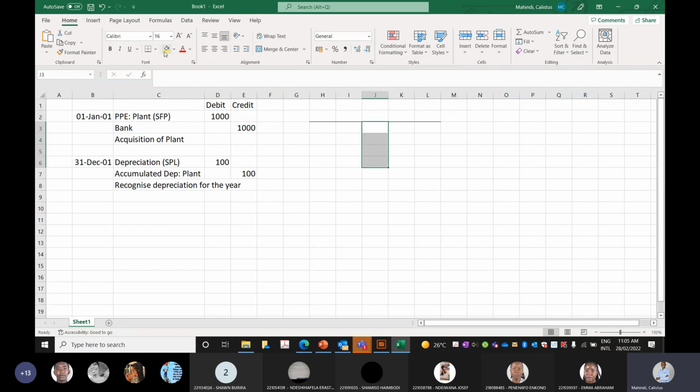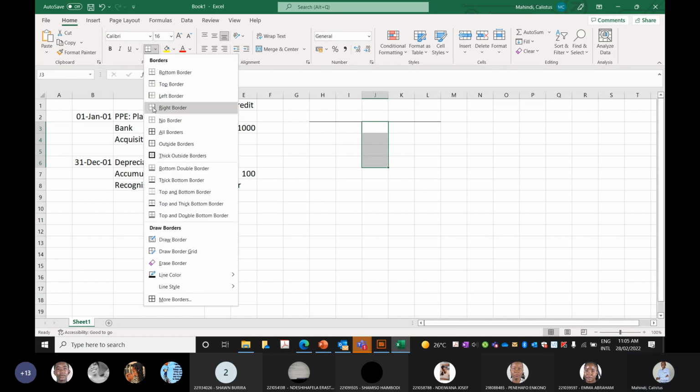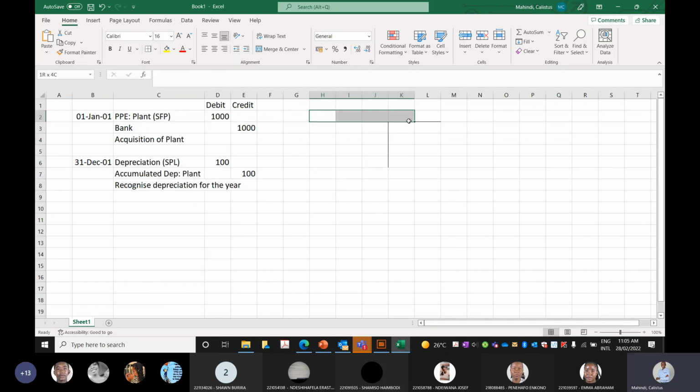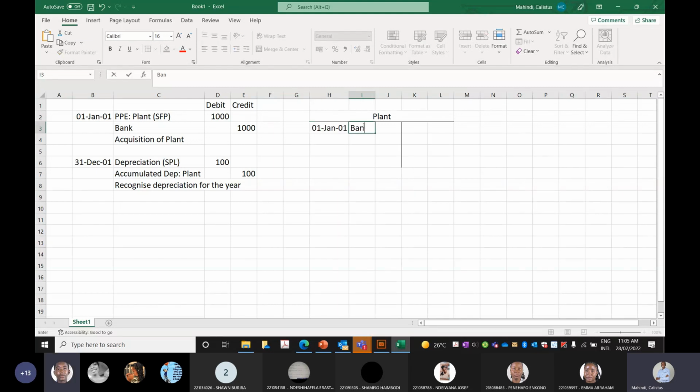You would have an account. This account here, we're going to call this account plant. At acquisition, on 1st of January 20x1, we debited the plant. So on the debit side, we recorded that amount.